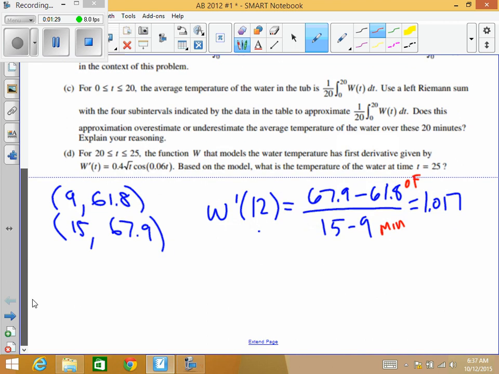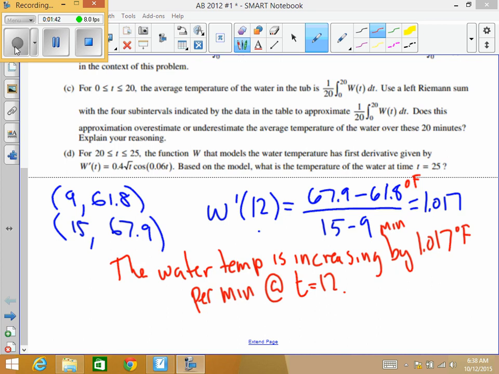So we should say something like the water temperature is increasing at a rate of approximately 1.017 degrees Fahrenheit per minute at time t equals 12. Including that piece about at t equals 12 really shows that you understand that this is just our approximation for t equals 12. That rate of change might be very different at different times. That's it for part A.